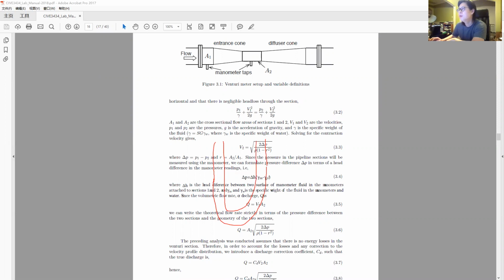At the beginning, the surface level of the manometer fluid should be level, but if there is a pressure change in the pipe, the surface elevation will not be level. It could be like this. So there is a surface elevation difference, and that's our delta H.